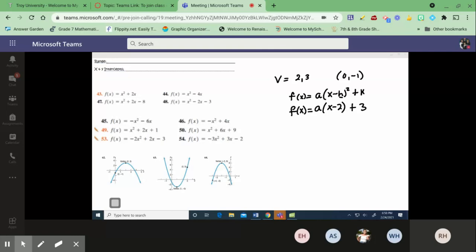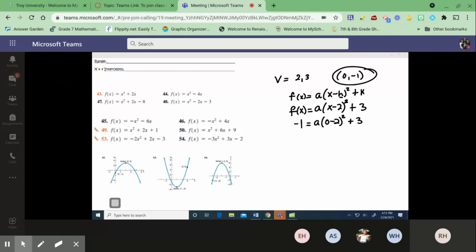Do I have an x and a y? What's my y? Equals a times 0 minus 2 squared, plus 3.